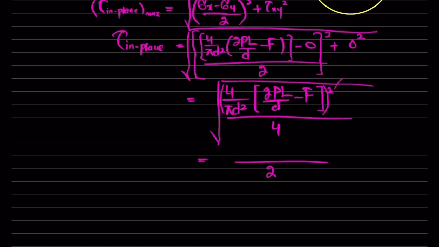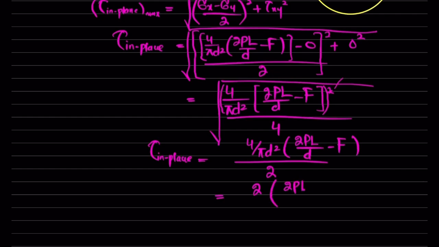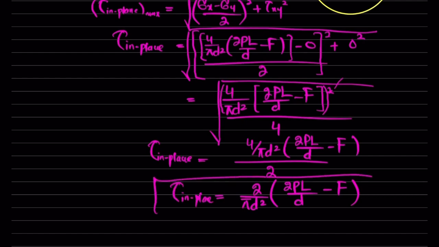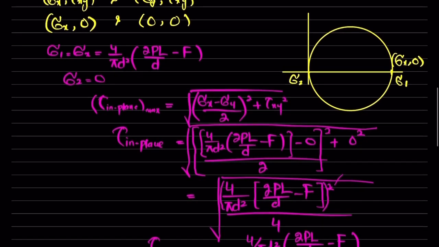This will be equal to 4 over pi d square into 2pl over d minus f. That is maximum in plane shear stress. And this 2 will cancel with 4, so it will be 2 into 2pl over d minus f divided by pi d square, which is the in plane shear stress. And that is the answer of our questions. So this is the maximum in plane shear stress, and this is the principal stresses.